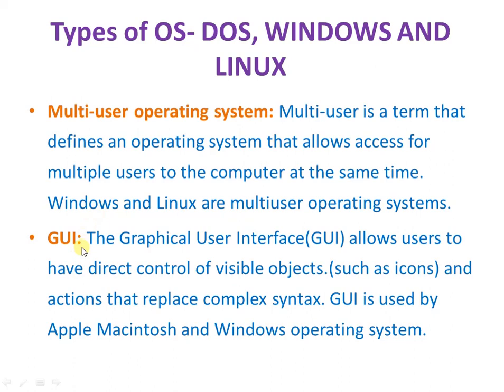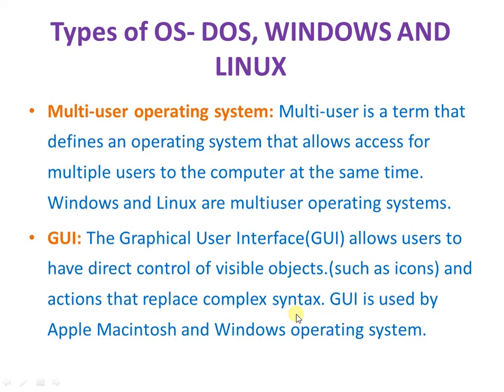So Windows is the most important multi-user operating system, and we are using it in many organizations. GUI based means graphical user interface. Windows is a type of graphical user interface operating system because we have the mouse and different visible objects like icons, and we can easily use this operating system. The graphical user interface allows the user to have direct control of visible objects such as icons and actions that replace complex syntax. यानी कि ये ऐसा ऑपरेटिंग सिस्टम होगा जिसके अंदर आइकन्स बने हुए होंगे, जिसमें माउस होगा, जिसकी हेल्प से आप कोई भी चीज़, कोई भी फोल्डर बना सकते हैं, उसमें काम इजीली कर सकते हैं.